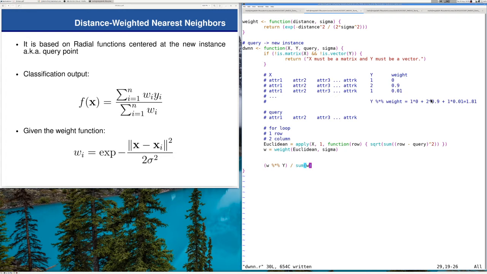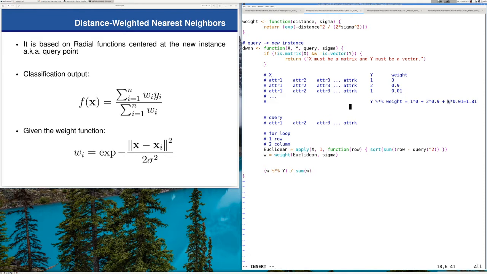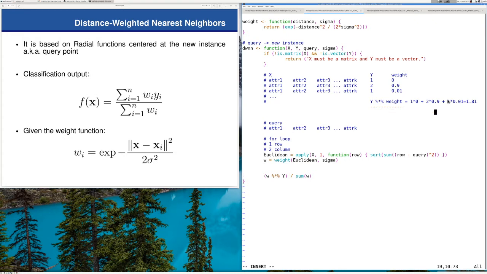What is the sum of weights in this case? Oh, it's 0 plus 0.9 plus 0.01. So the sum of weights is going to be 0 plus 0.9 plus 0.01, which turns out to be 0.91.